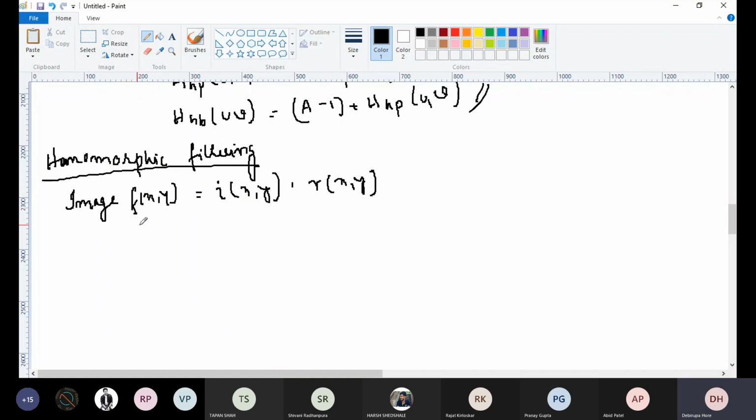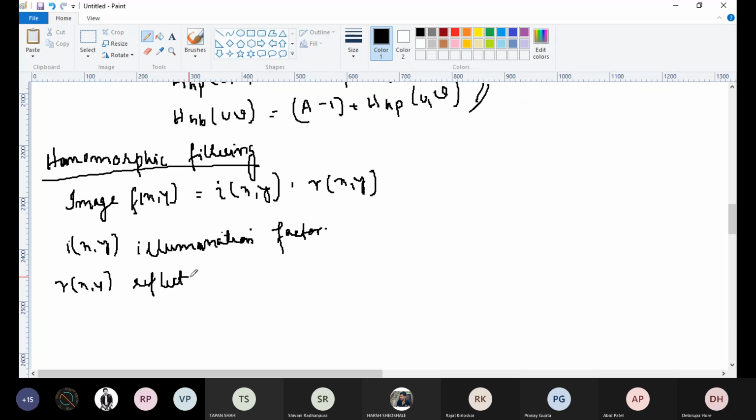This I is called the illumination model or illumination factor, and this r of xy is called the reflectance factor.